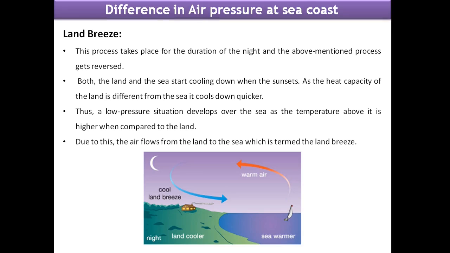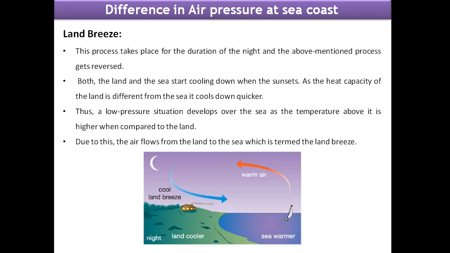Moving on to the next topic, that is land breeze. This process takes place during the night time and is exactly opposite to the sea breeze. Both the land and sea start cooling down when the sun sets. As the heat capacity of the land is different from the sea, it cools down quicker.